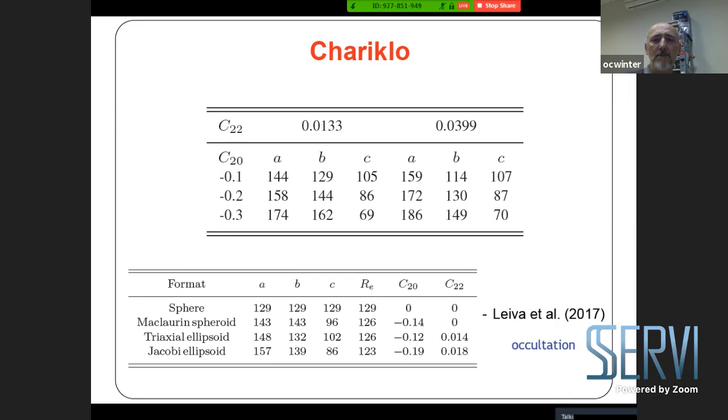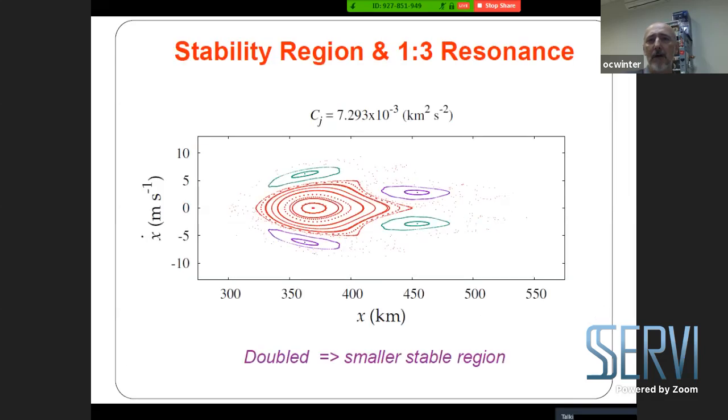So in the next plot, now I'm going to discuss a little bit about the region where the rings and the 1 to 3 resonance are located. I'm going to use the Poincare surface of section. Here we have an example, and for those of you that are not familiar with that, these islands correspond to islands of stability.